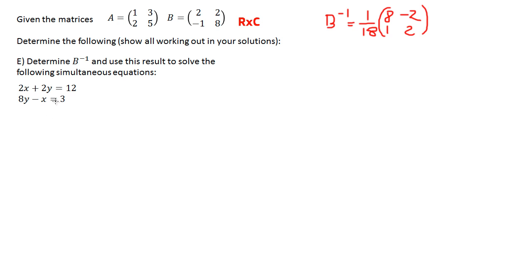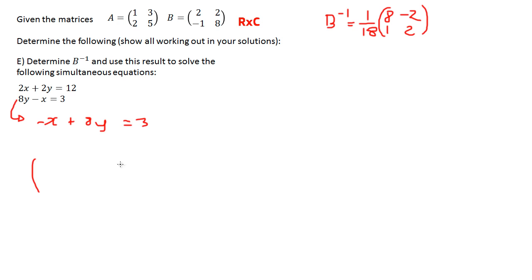Now when we get something like this, we gotta think first. This is not exactly how we want it to be. As you can see, there's 2x plus 2y, and then there's 8y minus 1x. Let's correct this. So this equation will become minus x plus 8y equals 3.